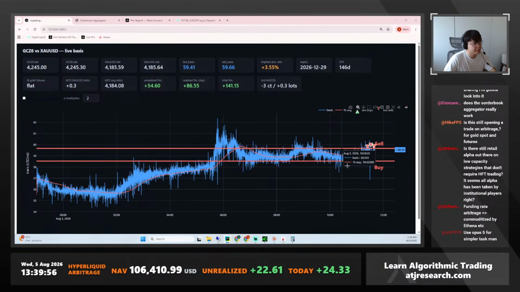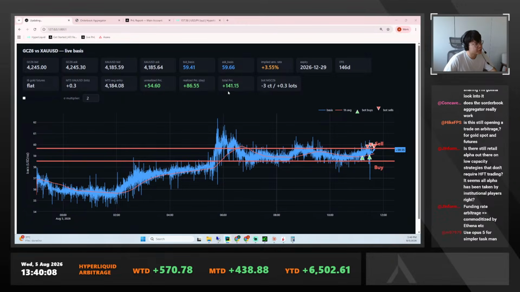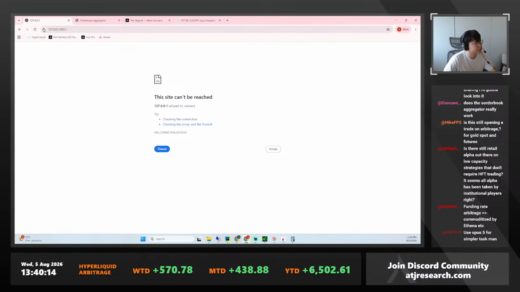But you get the idea, right? You buy when the spread is low and sell when it's high. This is the entire idea of this strategy. And you can see here that on the demo account, we actually made a profit. So the total P&L is plus 141 right now. So we're actually making profit on the demo account, but I don't trust demo execution.